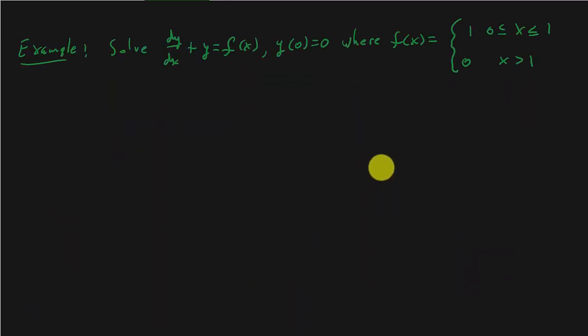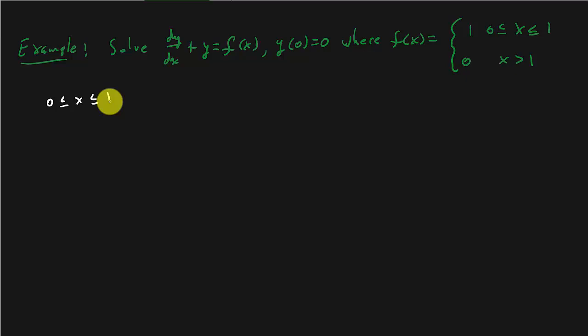All right, so what about this one? Let's solve this one. This one we have a piecewise function for f of x. So basically we have two equations to solve. We're going to do the case where x is between 0 and 1.